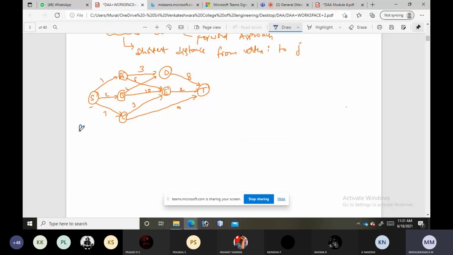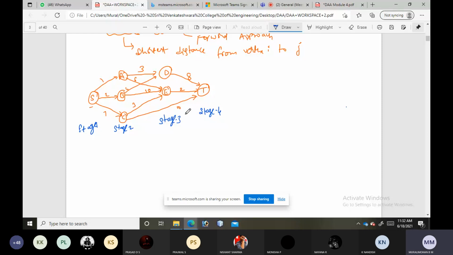Stage 1 is there. This is a stage 1 and this is a stage 2. This is a stage 3 and this is a stage 4. Right? Multi stages are there. Stage 1, stage 2, that is A, B, C, stage 3, D, E, stage 4, T. Okay?